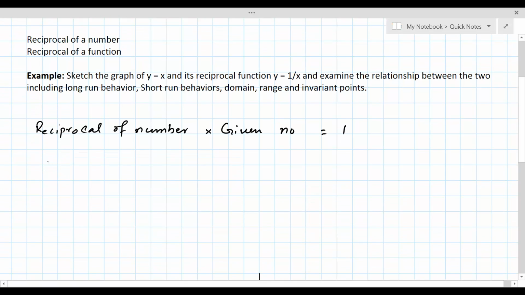The example is 2 times 1 by 2 is equal to 1. So here 2 and 1 by 2 are called reciprocals of each other, are called reciprocal numbers.